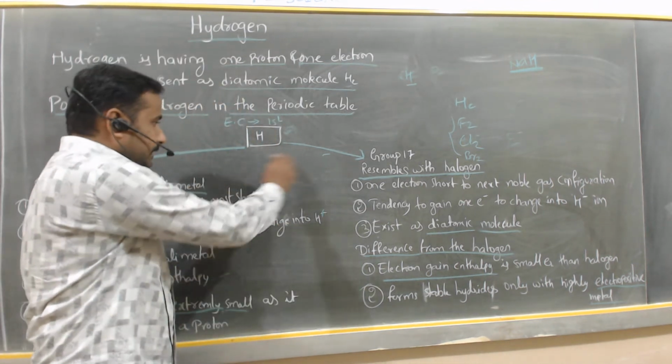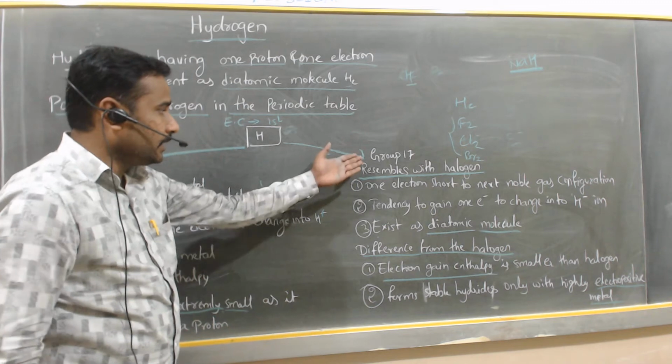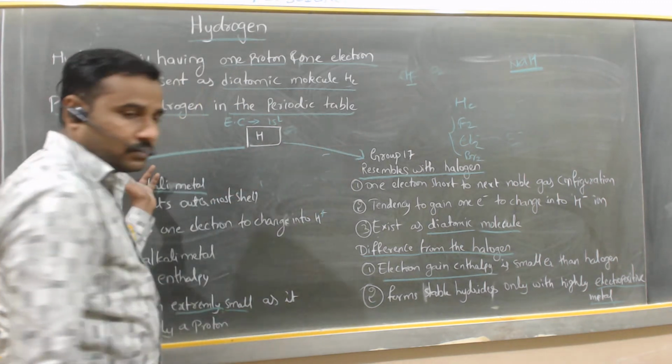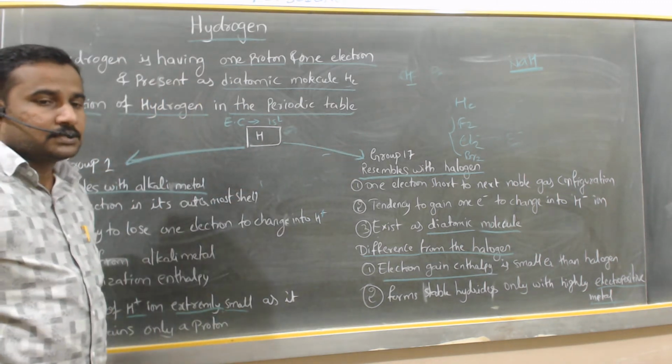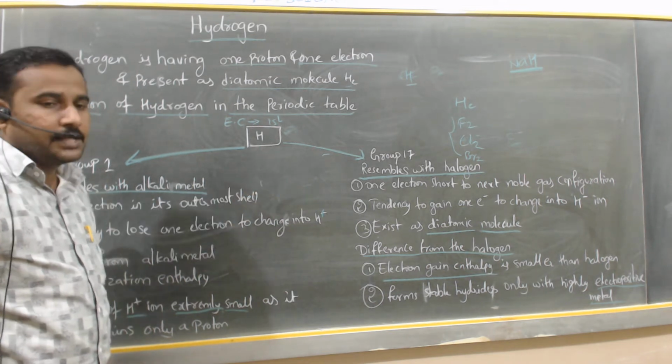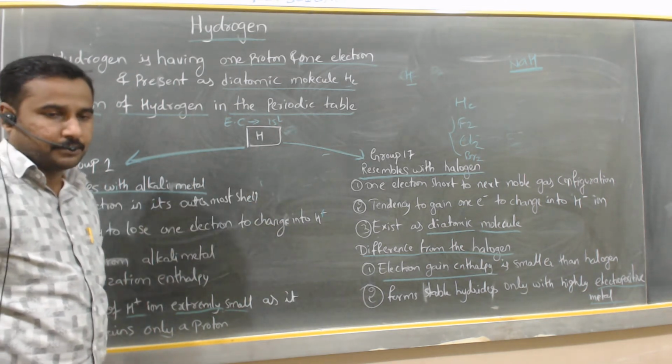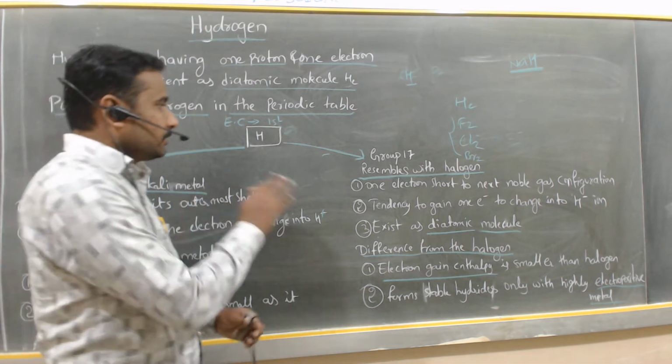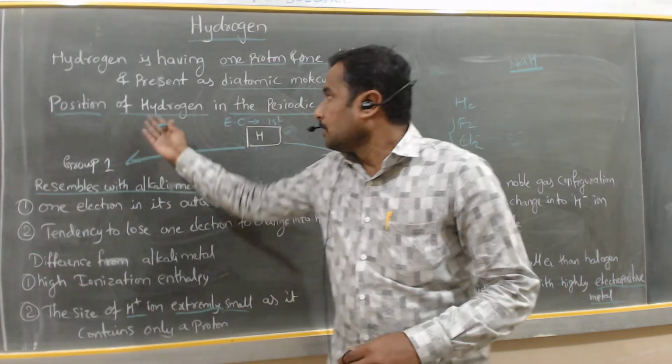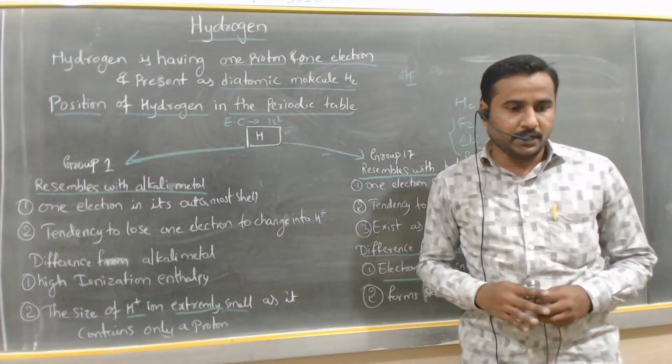Because of that, it has similarity with the group 17 elements and also with the group 1 elements. So for that reason we keep hydrogen at the top of the periodic table. This is about the position of hydrogen in the periodic table.